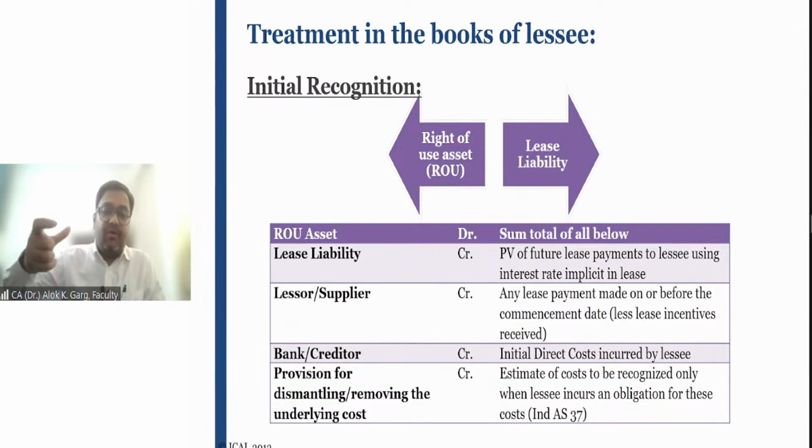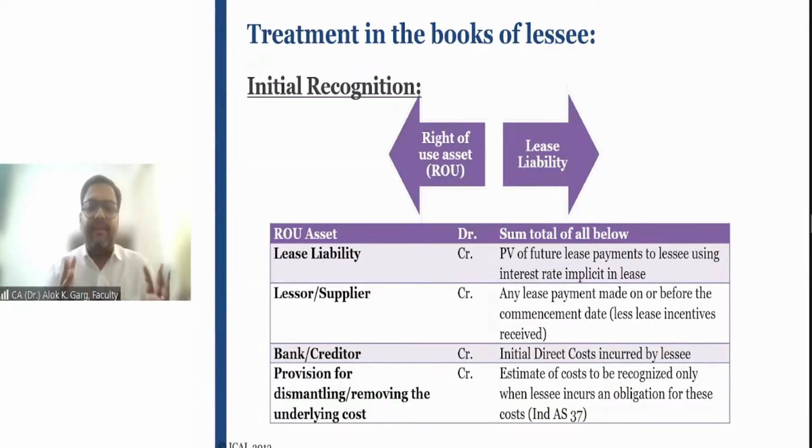So measurement of right of use asset and lease liability in case of initial recognition. At the time of initial recognition, what accounting needs to happen? So before discussing this accounting, what are the components of right of use asset, and how this accounting has to happen, let me give you an example first.